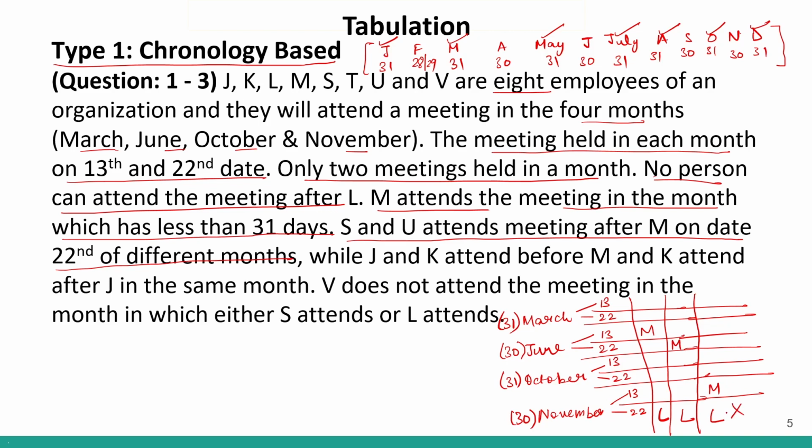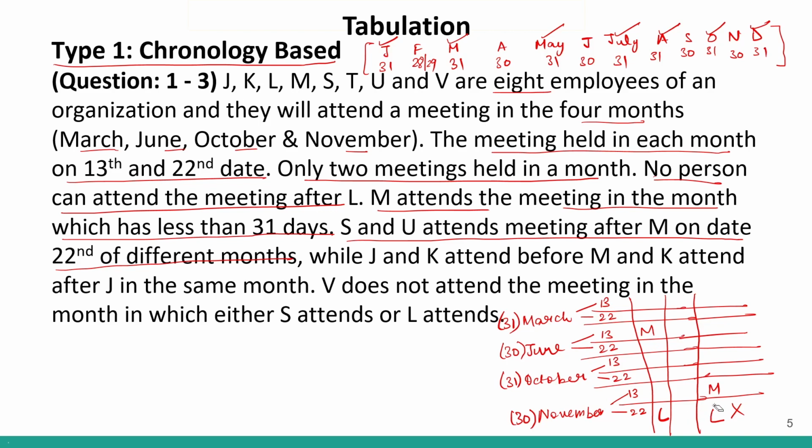This is not a correct possibility because after M we need S and U to attend. And S and U attend on 22 of different months. So in the second possibility, if I have M over here, I have only one position left for 22 because this 22 is already occupied by L. So this possibility is also not correct. Now I will come to possibility number 1.